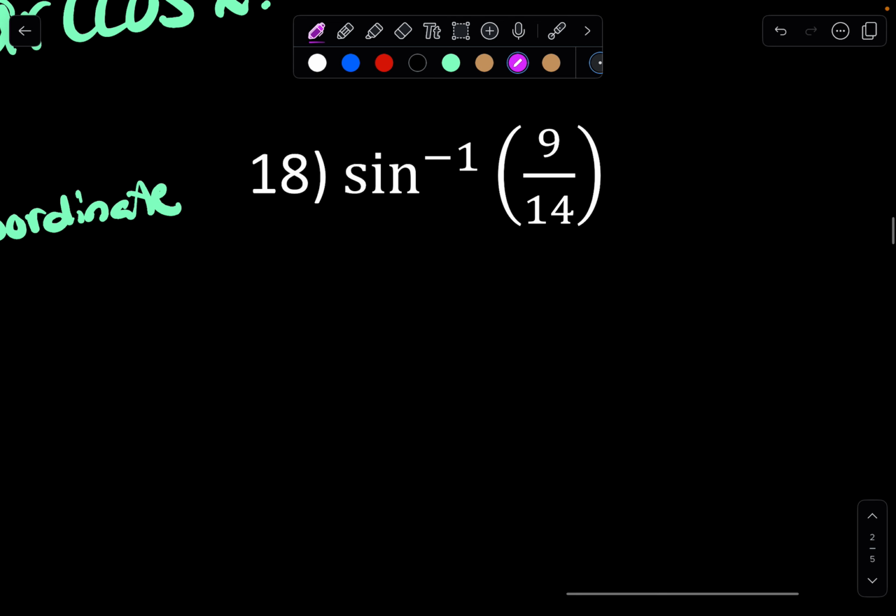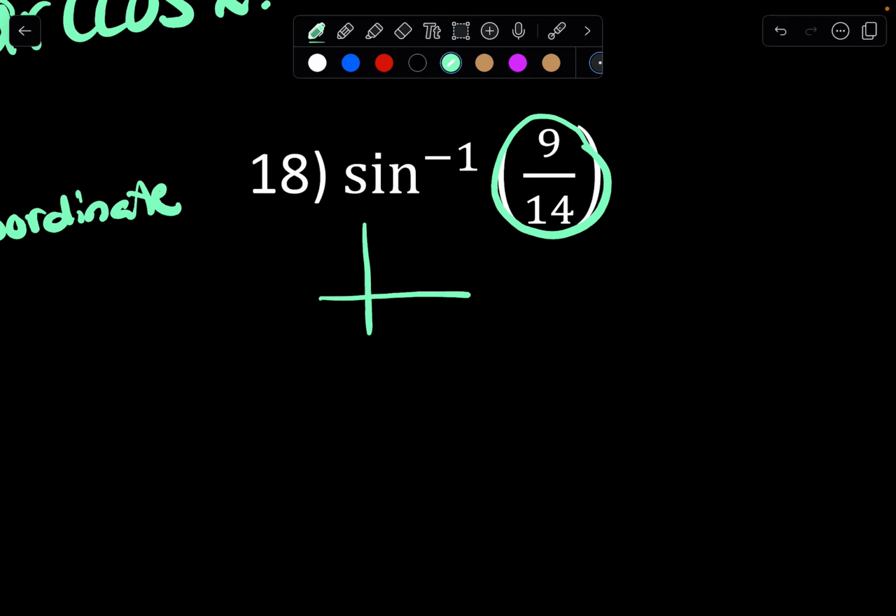The last one is arc sine of 9/14. All right, now we could get an exact value. We'll talk about that later, but this is a coordinate, but it's also, if you think of SOHCAHTOA, you have your opposite side and your hypotenuse of a triangle.